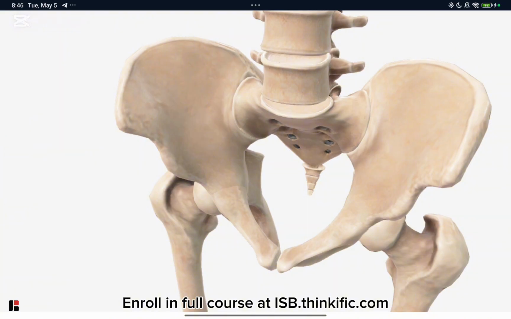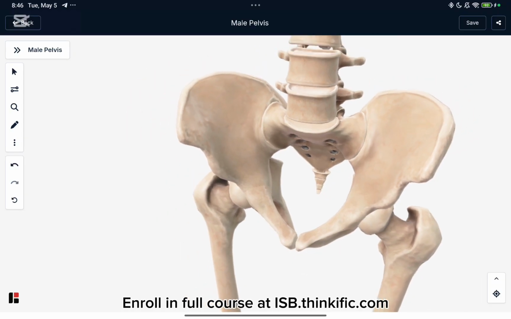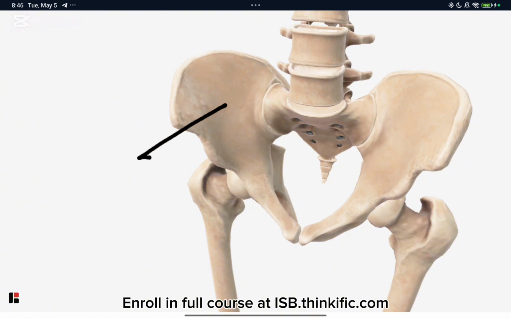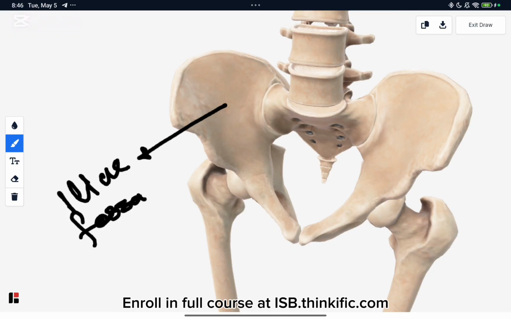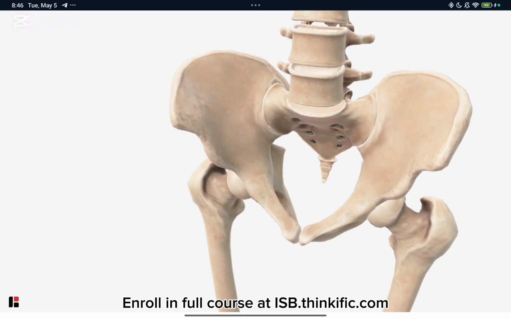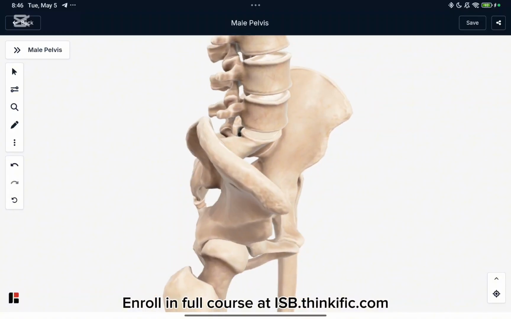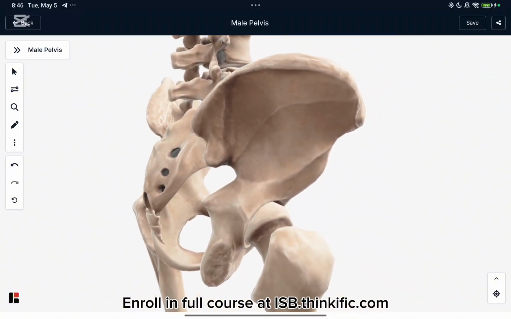It has two surfaces. This surface that we see here is the inner surface. This inner surface, we call it the iliac fossa, and it is the origin of the iliacus muscle, if you remember that from the abdomen. And the back surface is called the gluteal surface, because the gluteus maximus, medius and minimus originate from here. That's in the lower limb.